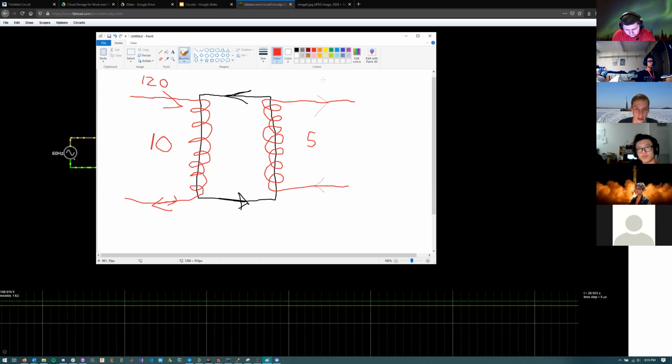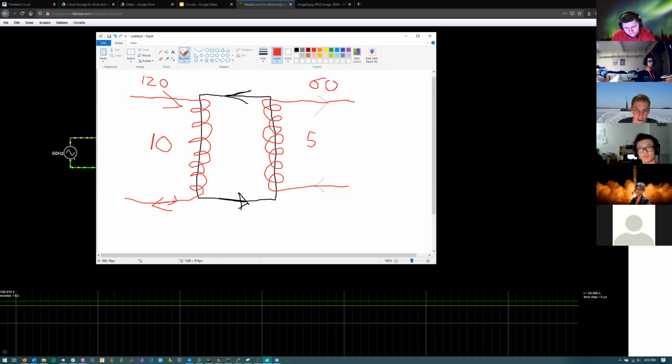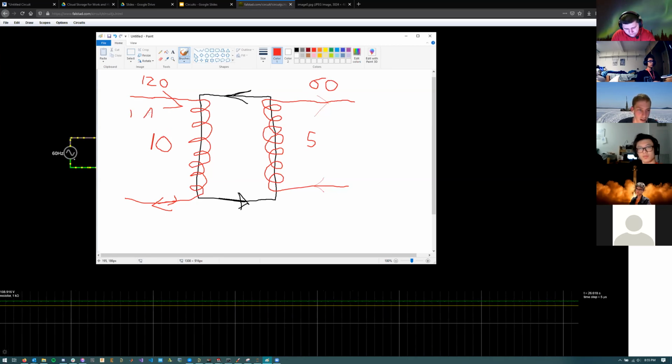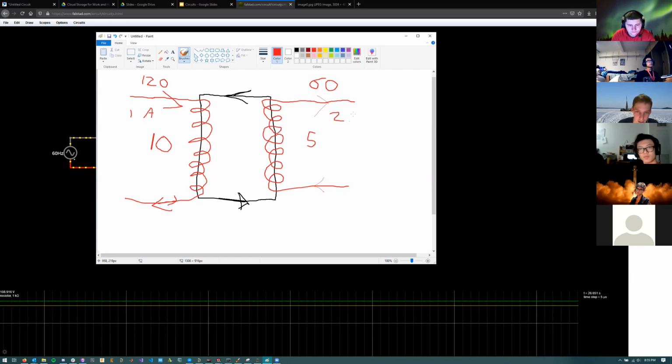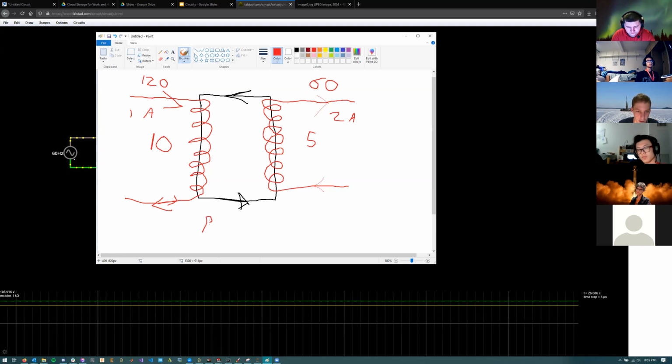You will get, correct me if I'm wrong, 60 volts out, right? However, if this is 1 amp going in, you'll get 2 amps out, because essentially you have to conserve power.